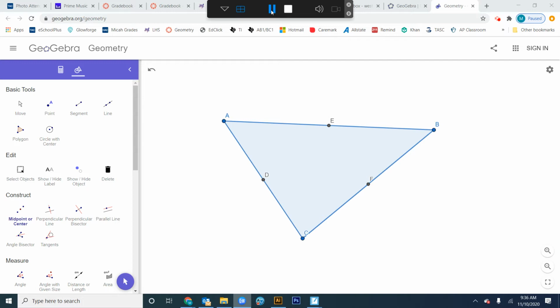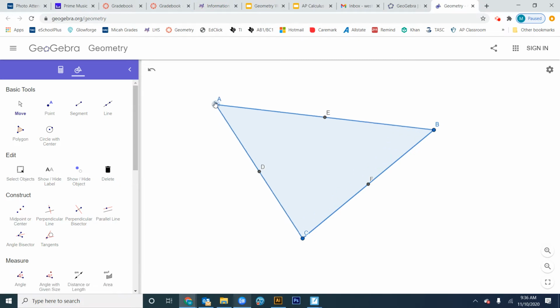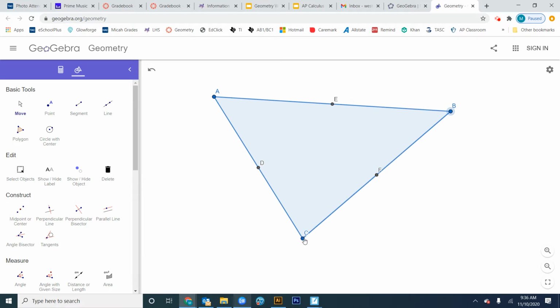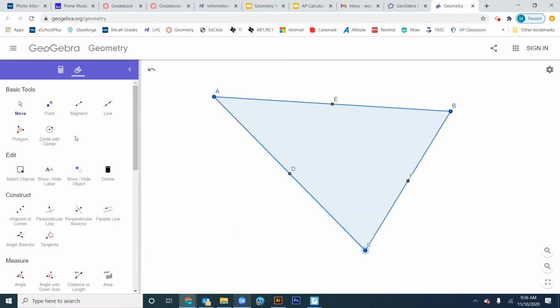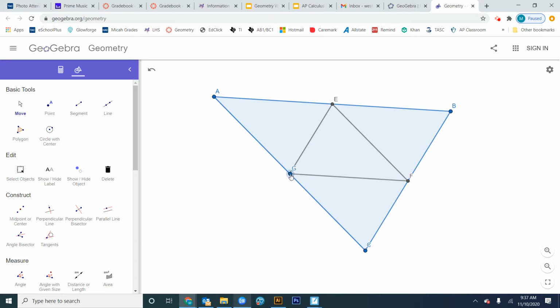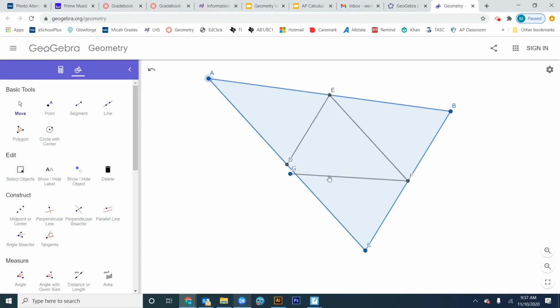So kind of interesting, there's a website called geogebra.org. And so I just quickly constructed this triangle, and then I put D, E, and F as the midpoints. And so an interesting thing here is if I connect the midpoints, I'm not sure if that's going to stick there or not. Nope.